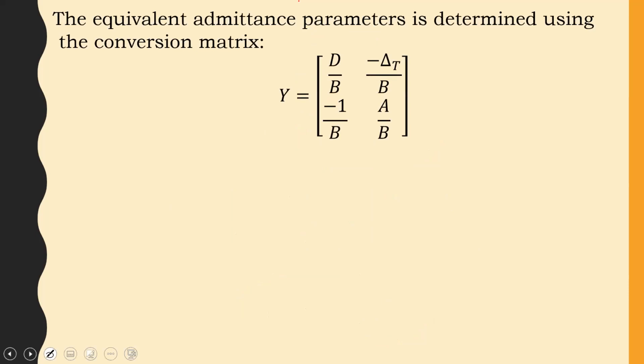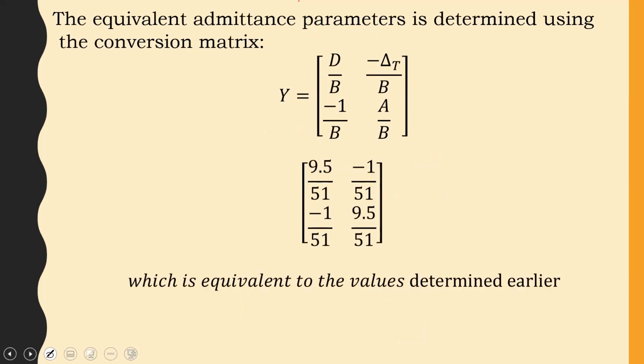So that's the matrix that we'll be using. And so delta T being equal to 1, we have minus 1 over 51, 9.5 over 51 would of course be 19 over 102. Yes? So we have 19 over 102, 19 over 102. I hope you didn't bother to go to fractions, I mean to decimals.